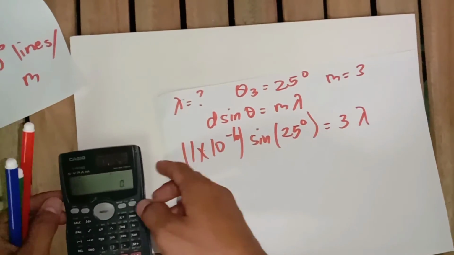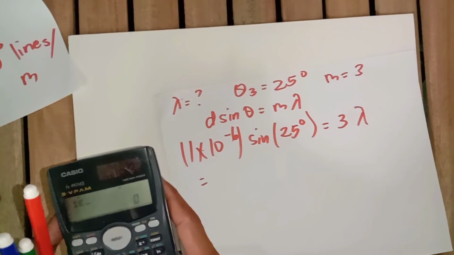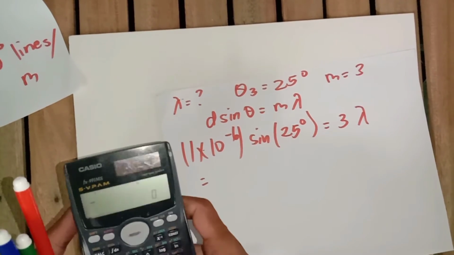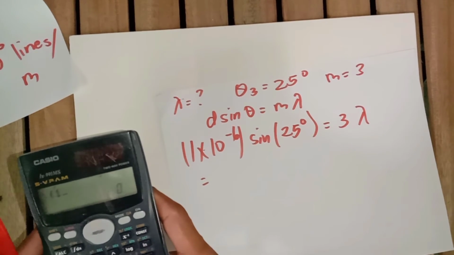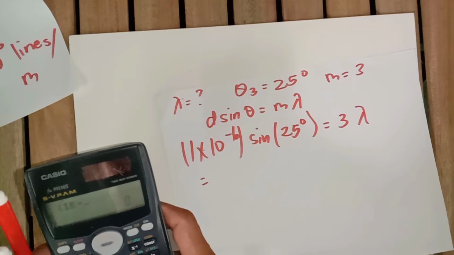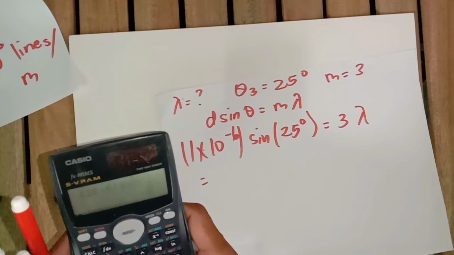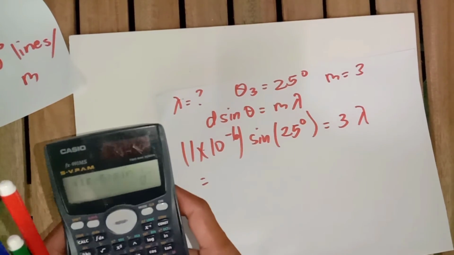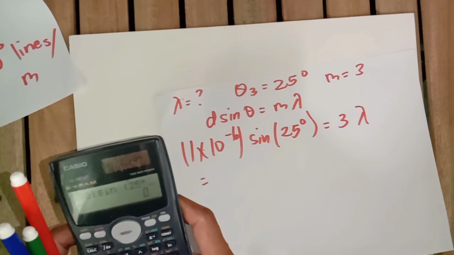We have to input all the data here. 1 times 10 raised to negative 6. Wait, I forgot the parentheses. 1 times 10 raised to negative 6, parenthesis, sine, parenthesis, our theta 3 is 25 degrees.